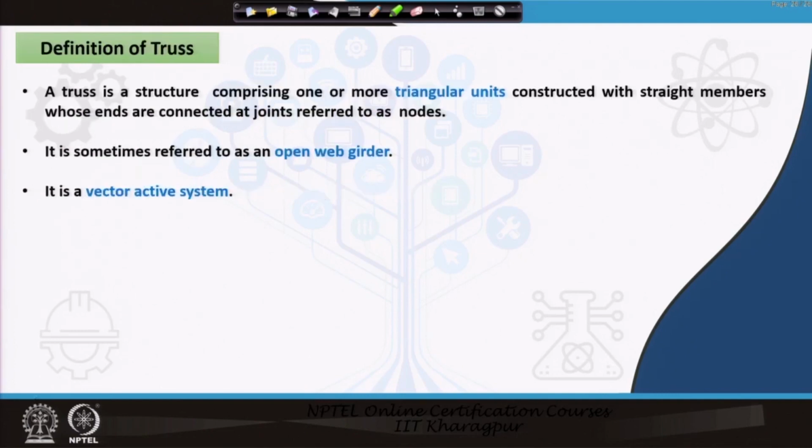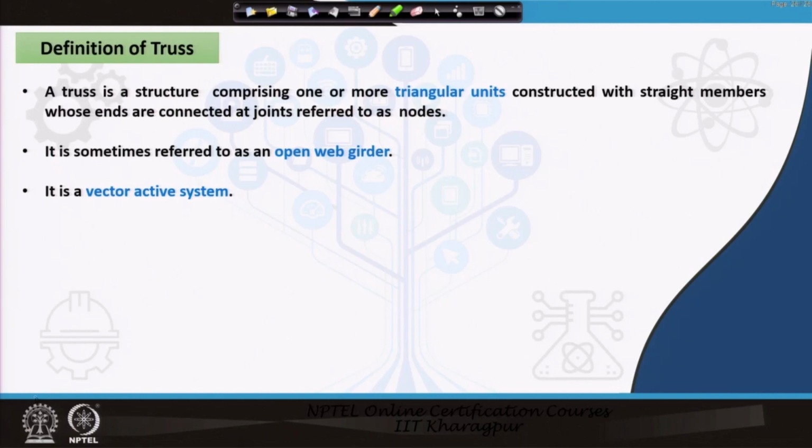So, as you see, the truss is one of the very important and very popular kinds of structural systems, seen every day in some of the buildings or the built environment.